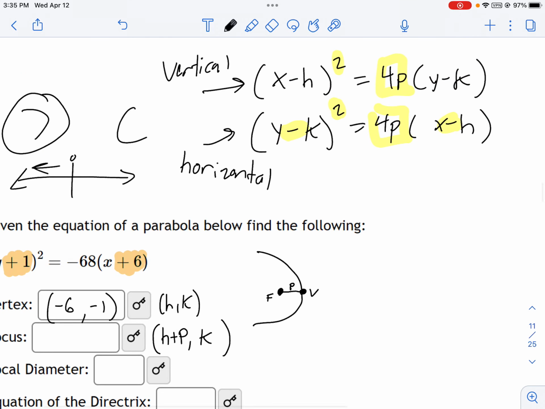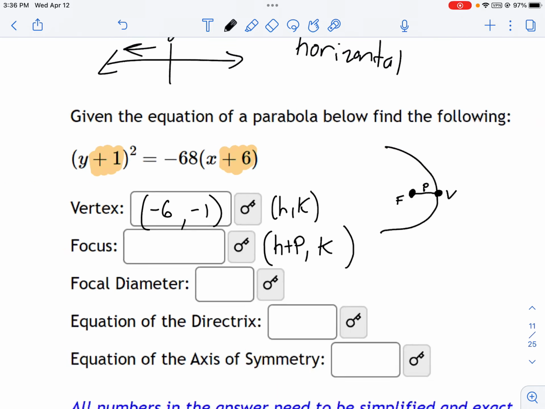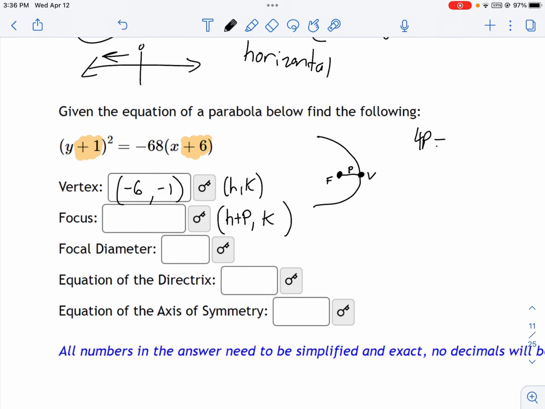So here, for p, you're going to see that right in front of our x minus h parentheses, your 4p value is negative 68. So 4p equals negative 68. If we want to solve for our p value, that's dividing both sides by 4, and we get that p is negative 17.